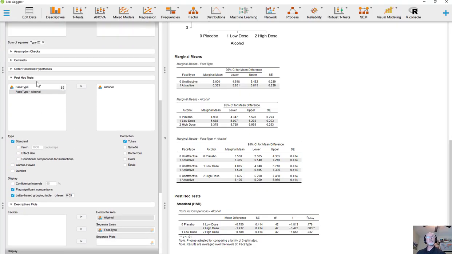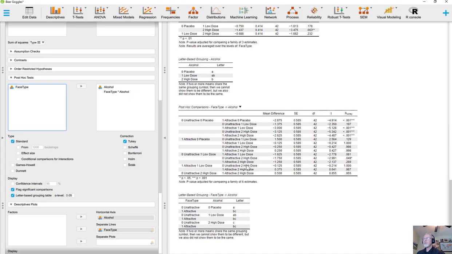But you can also go to post-hoc test, go back up to post-hoc test, take face time times alcohol and plug that in. And here it tests every comparison, which is a lot, and it's a mess, right? I mean, that's hard to digest.